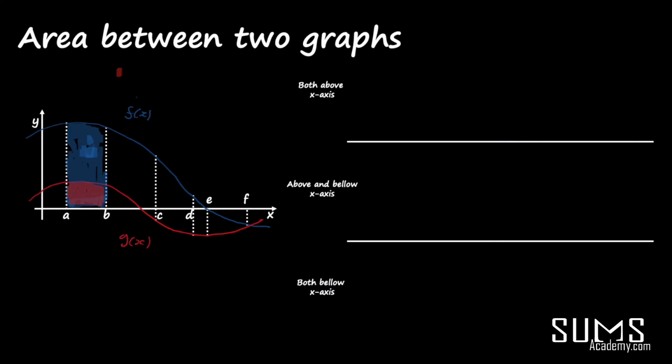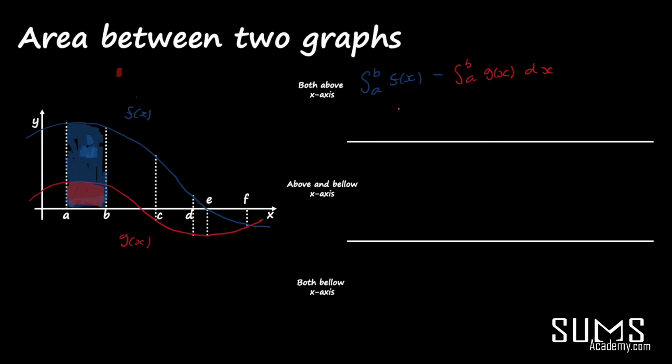So what does this look like in maths? I want the area from a to b of f of x minus the area from a to b of g of x dx. And as you can remember from before, with the integration rules, with addition you can just put them in the same bracket.